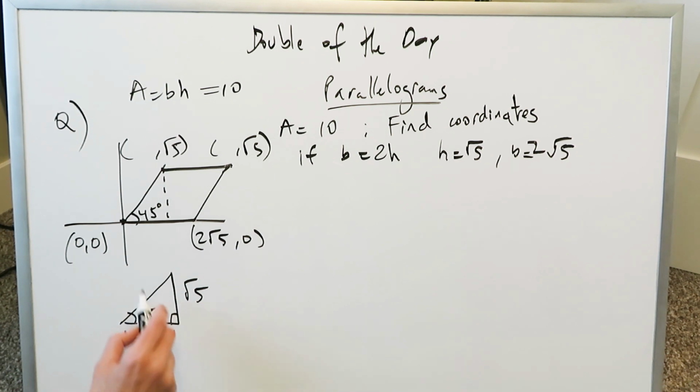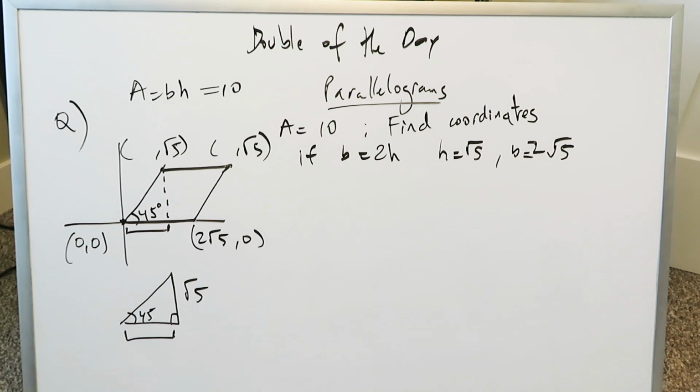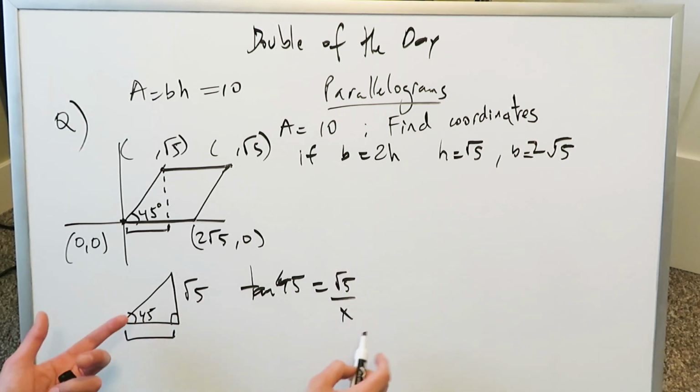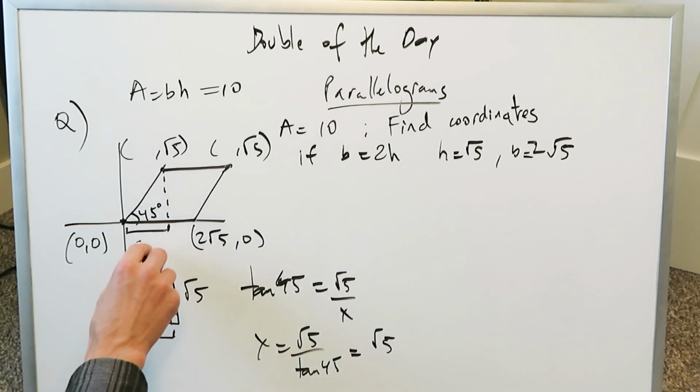This dimension right here is this dimension right over here, which will correspond to the x value of that unit. You can do tan 45 degrees is equal to opposite over adjacent, root 5 over, let's just call that x. x is equal to root 5 divided by tan 45. Tan 45 is just a 1. So it's just going to be equal to root 5. So we know now this right here is root 5.